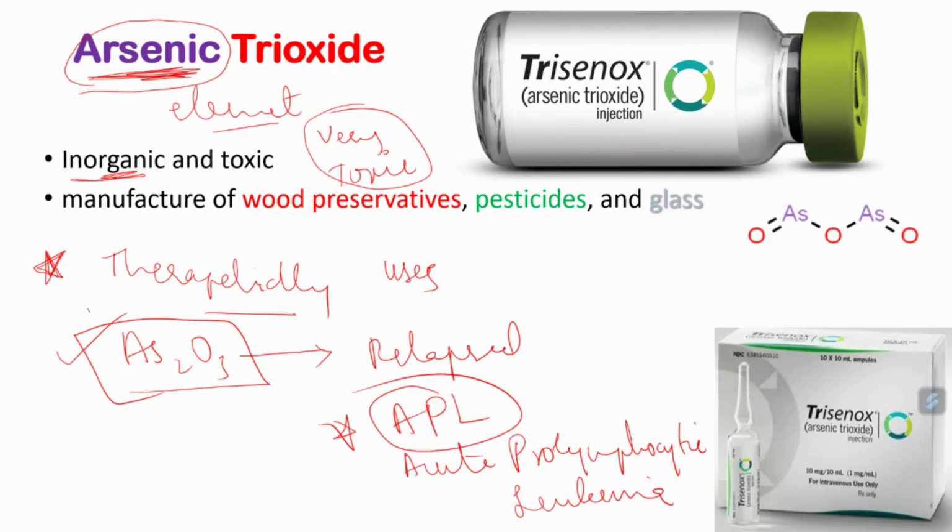Now I would like to tell you the mechanism of action of arsenic trioxide. Always remember, there is no single specific mechanism, but it shows its activity through different mechanisms. I think it has 5 to 6 mechanisms.